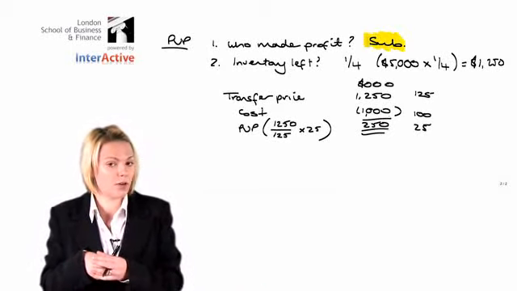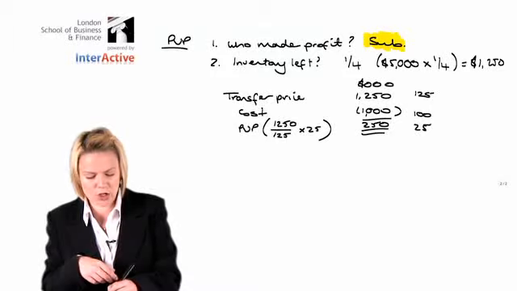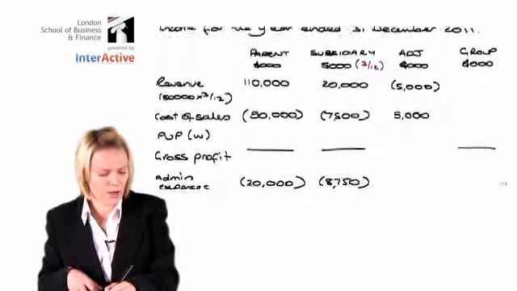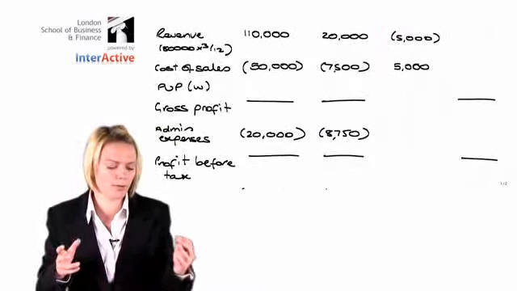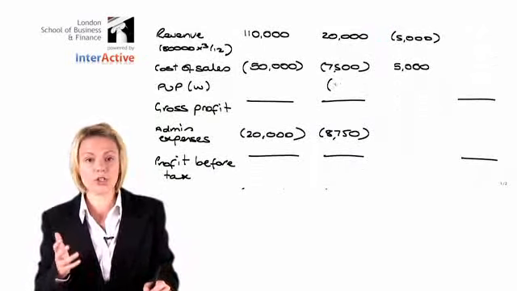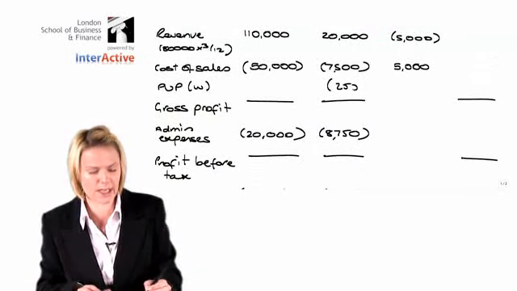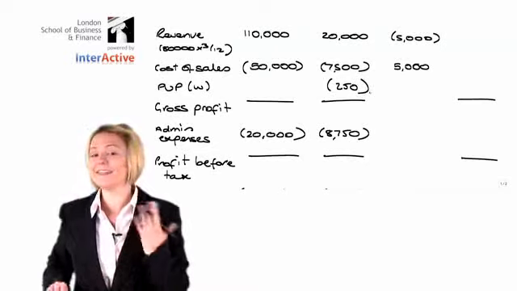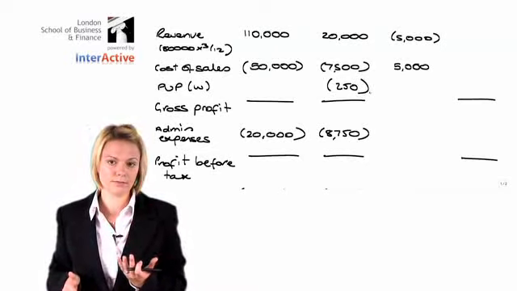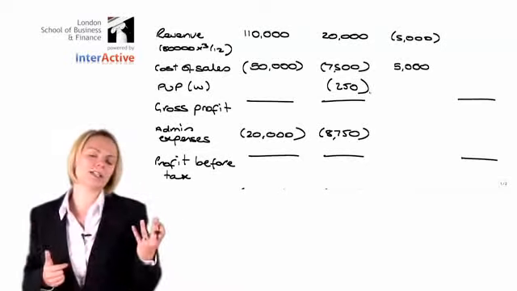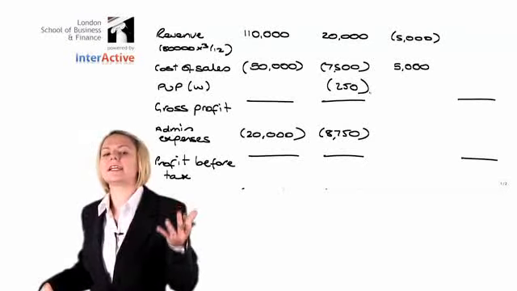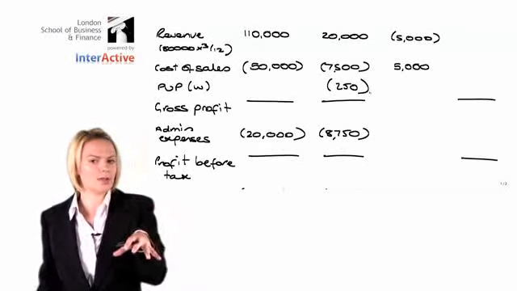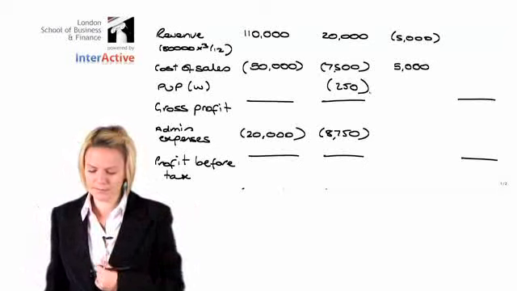Well, it's the subsidiary's profits. And as such, in our consolidated statement of comprehensive income, we are going to deduct the PUP of 250 from the subsidiary, the selling company's column. And effectively, you're adding it to cost of sales, increasing an expense, which then reduces group profit.